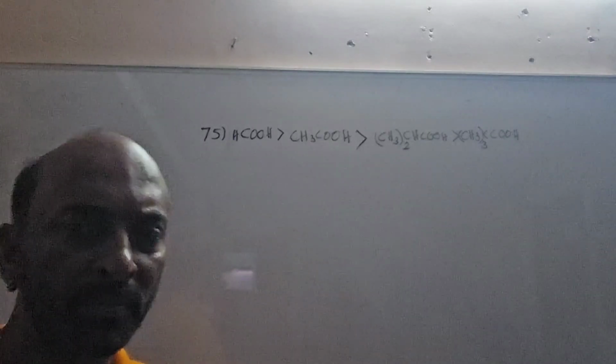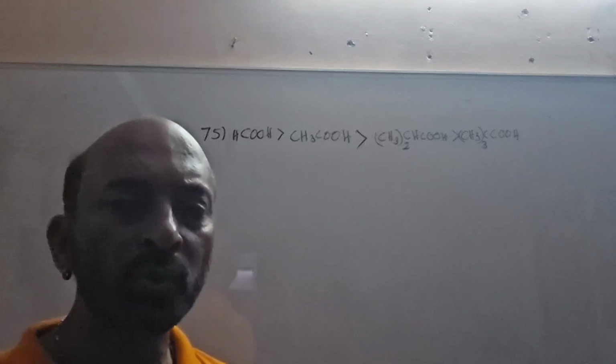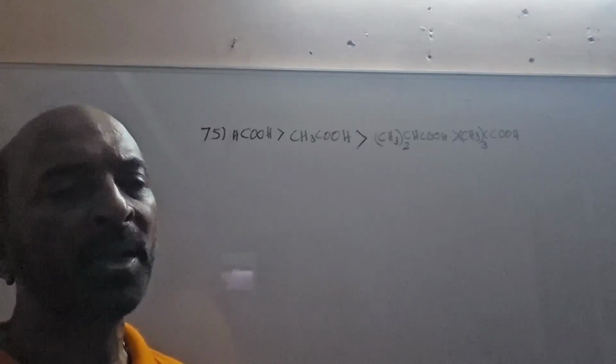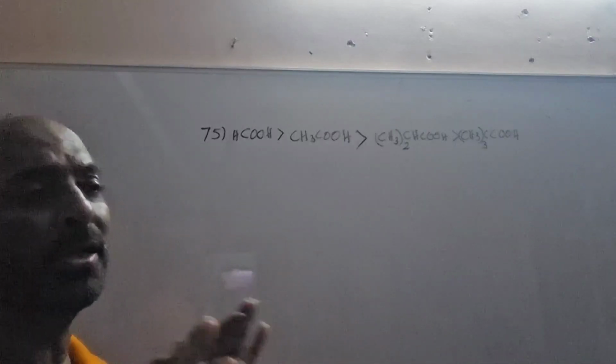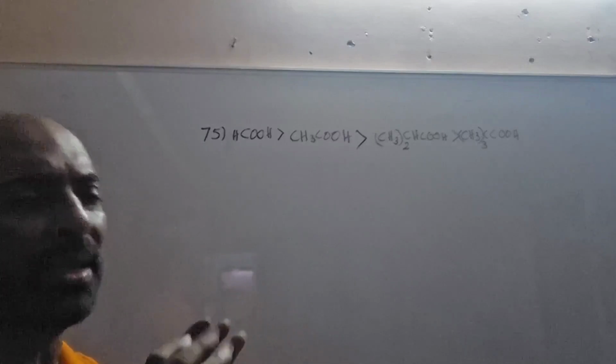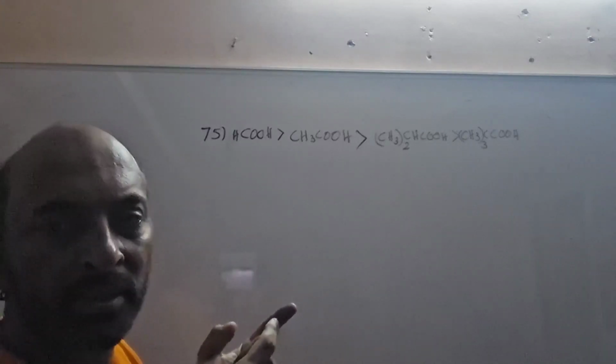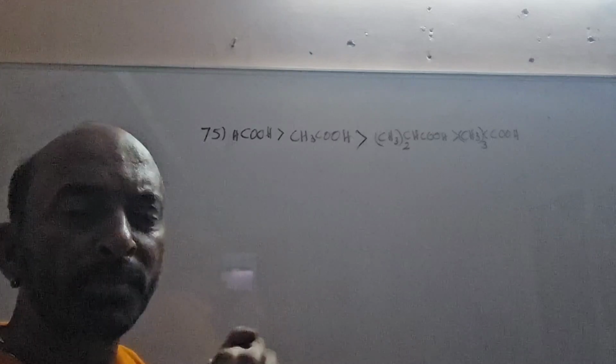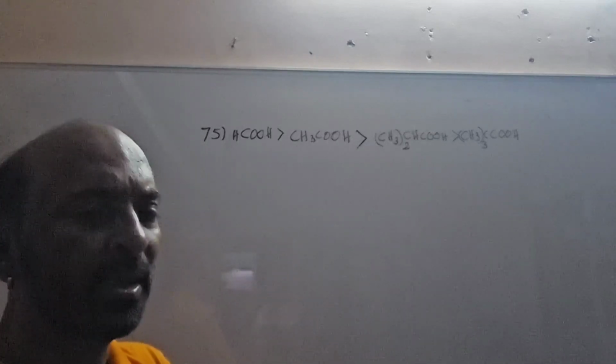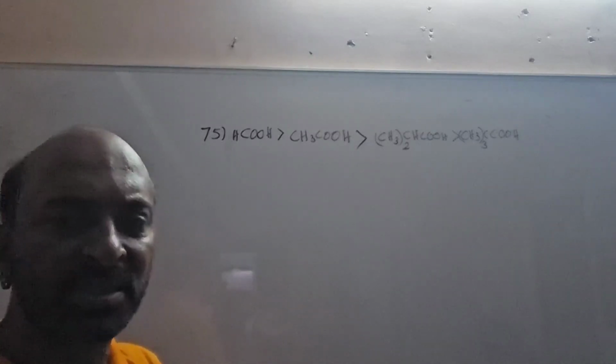If you introduce one more methyl group and convert this to 2,2-dimethyl propanoic acid, the electron releasing tendency of the alkyl part is increased even more, and so the proton releasing tendency of the COOH group decreases further, making it even less acidic.